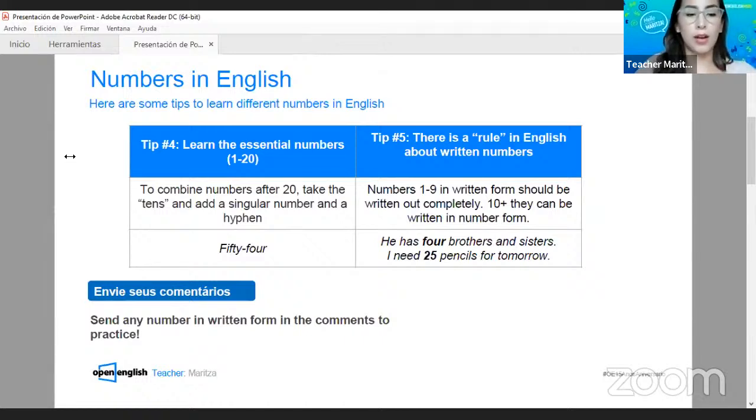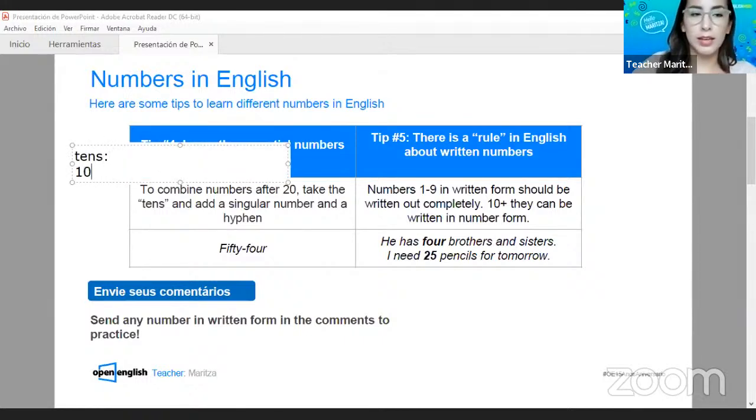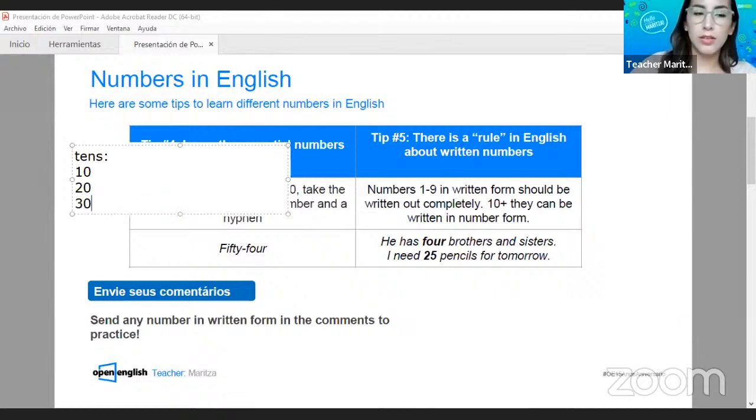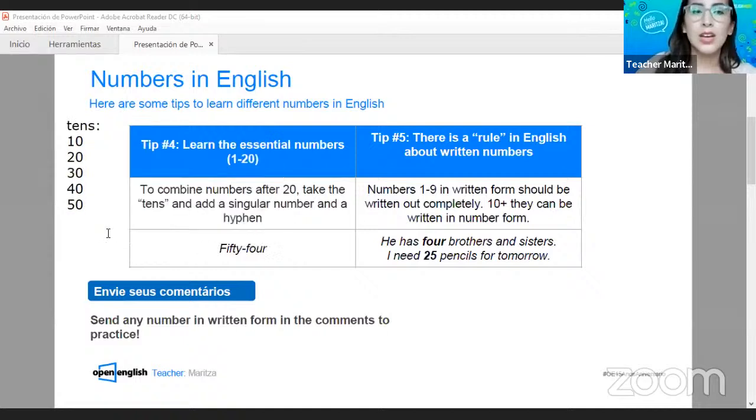So let's say we have our tens here. We have 10, 20, 30, 40, 50, for example. Let's say we're talking about our age. We are 54. We would say 54.